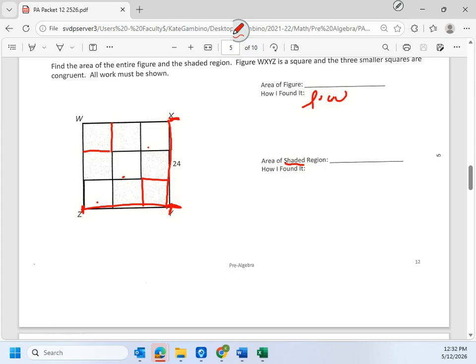So there are different ways we could figure out that shaded area. The full area is 24 by 24, and then we have our squares on the inside. Find the shaded area.